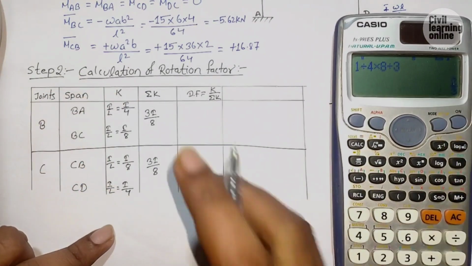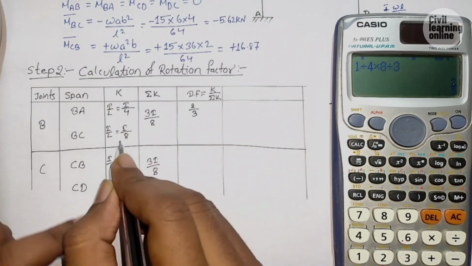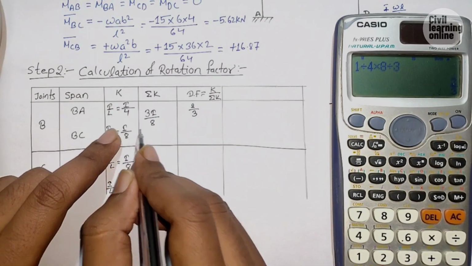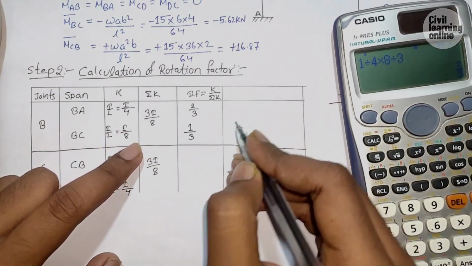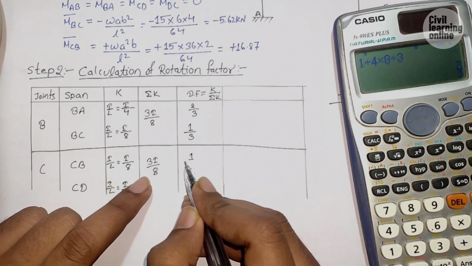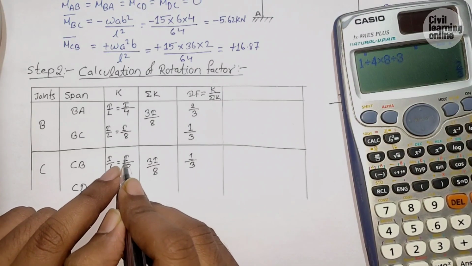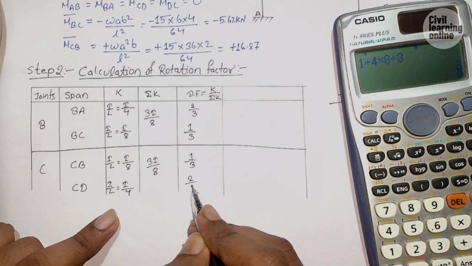Then we will get distribution factor equal to 2 by 3. Similarly, if we divide 1 by 8 by 3 by 8, then it will become 1 by 3, and similarly the value will be repeated.